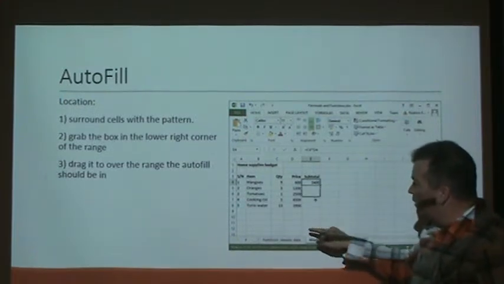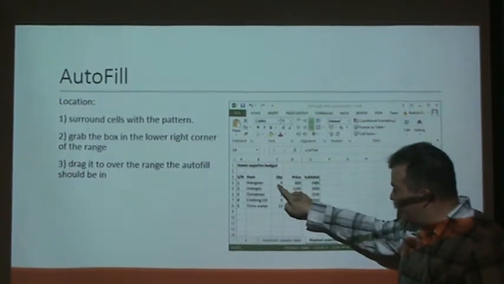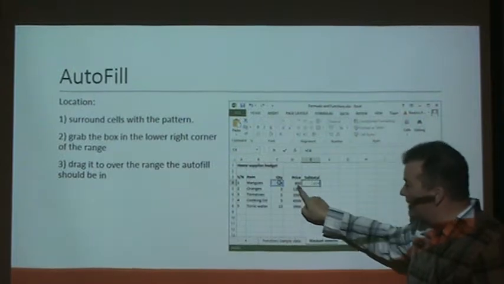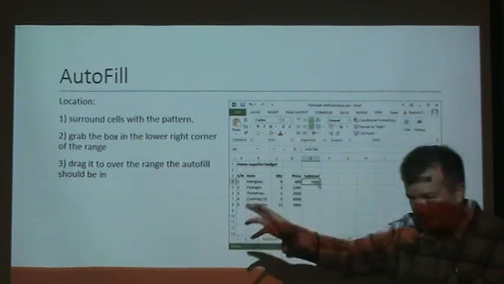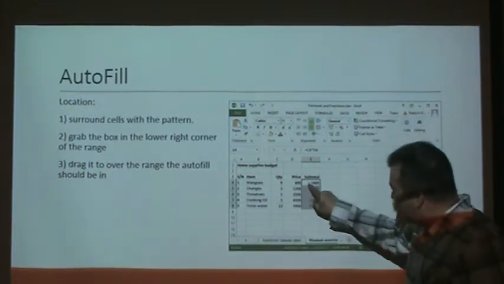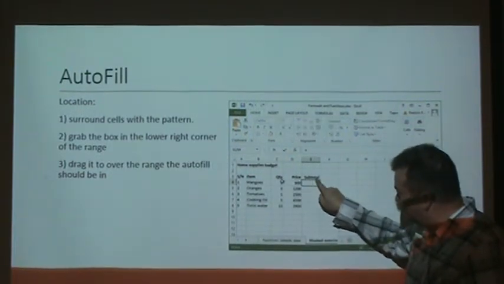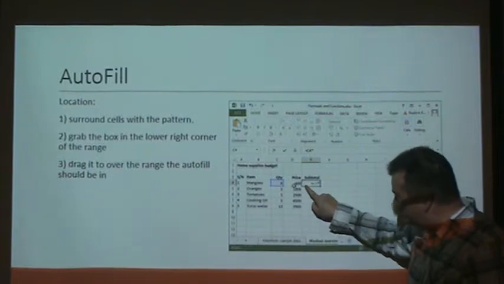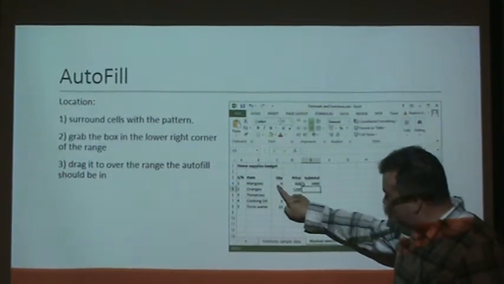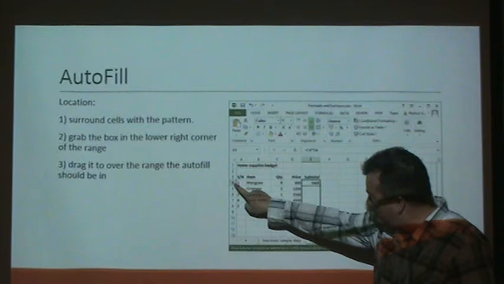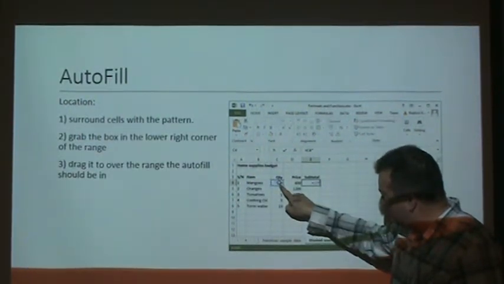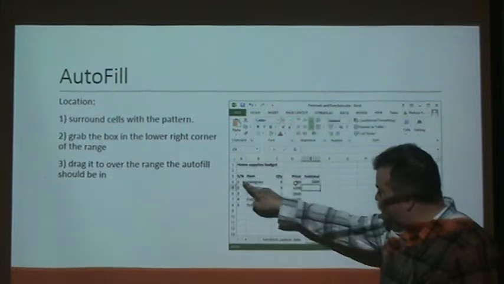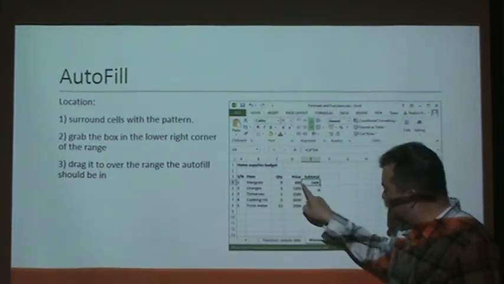If I wanted to know how much in value I have in my inventory, the quantity times the price, I could make this column with the heading of subtotal, and say this cell equals C4 times D4.